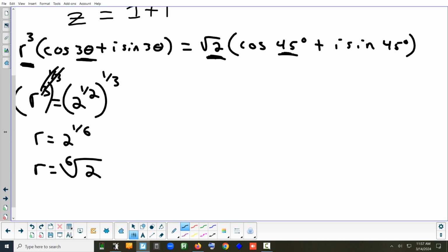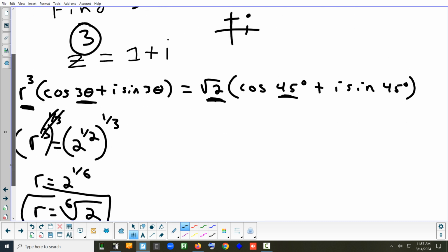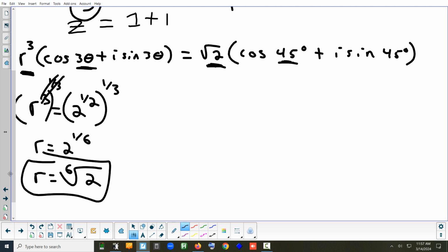All right, so that's going to be my same radius in all 3 answers that I write. What's going to be different? I'm going to have 3 different angles. What's the angle that's on the left side?